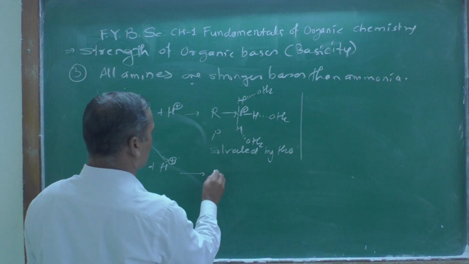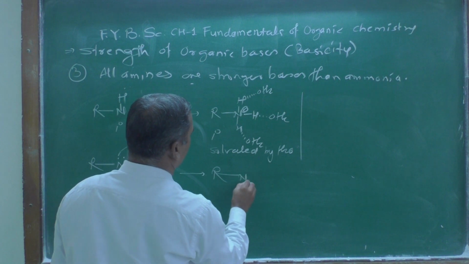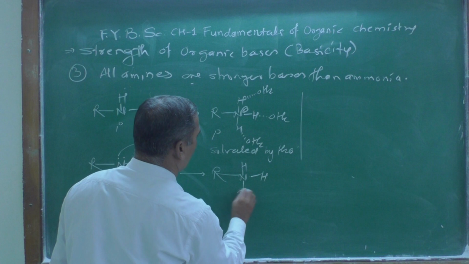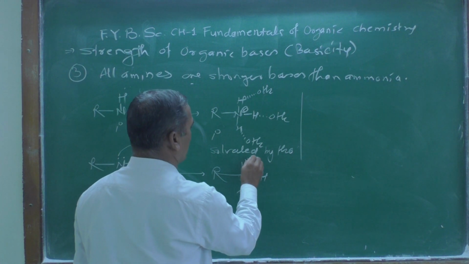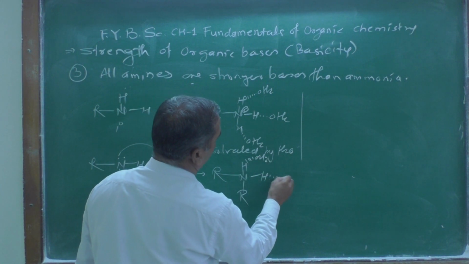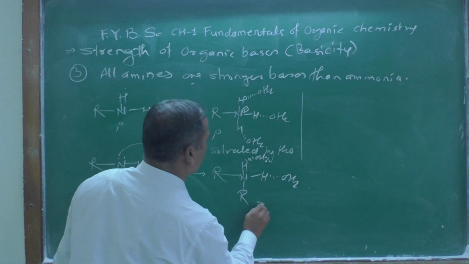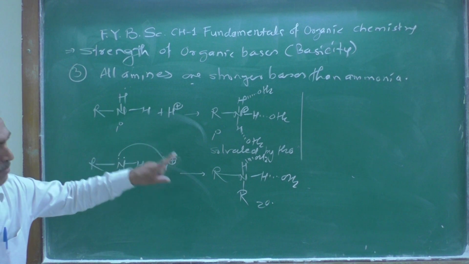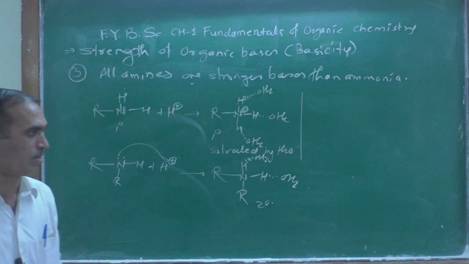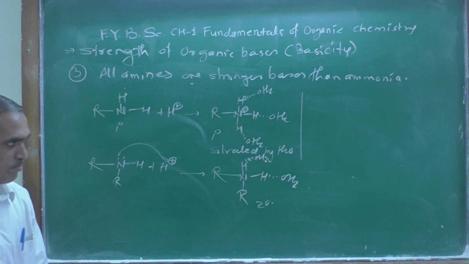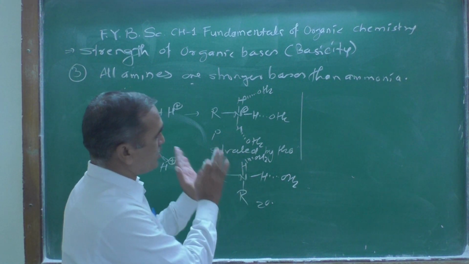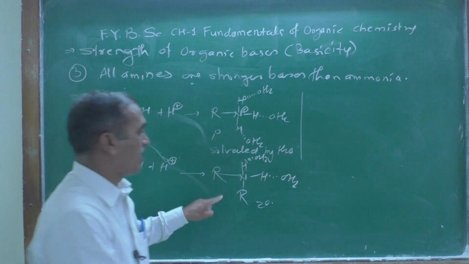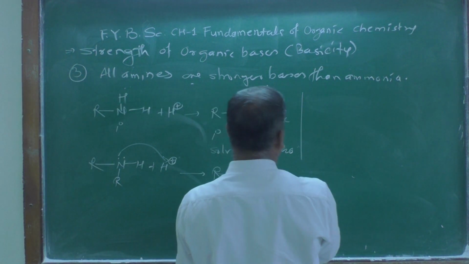You are going to get the conjugate acid R2NH2 plus. This secondary amine gets solvated by the water molecules through hydrogen bonding.